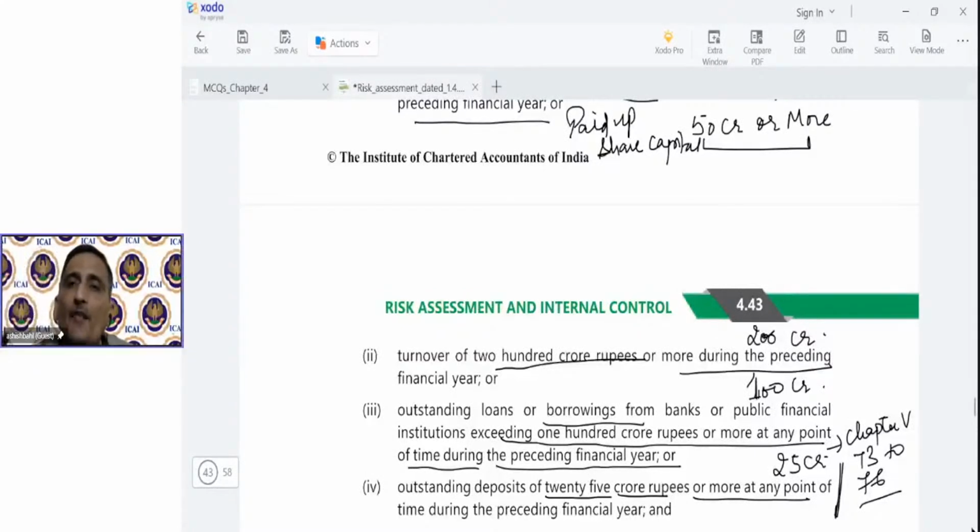So if any of these things come into play, then appointment of an internal auditor is mandatory.